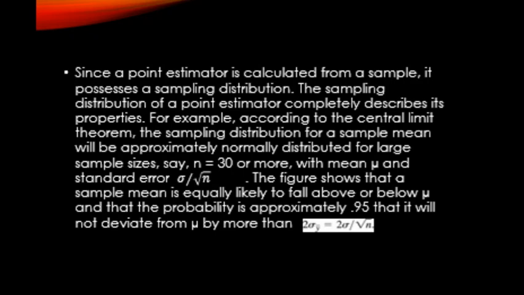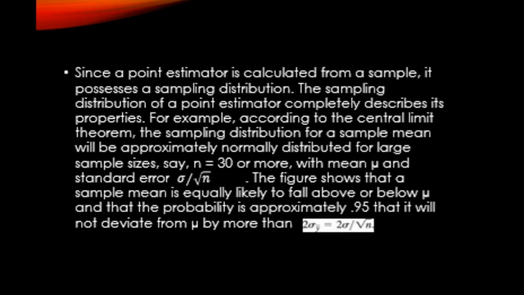For the mean, we can use the central limit theorem. Using the central limit theorem, we know that the sampling distribution for the sample mean will be approximately normally distributed if the sample is large enough, let's say n is 30 or more. The mean will be mu and the standard error will be sigma divided by square root of n.